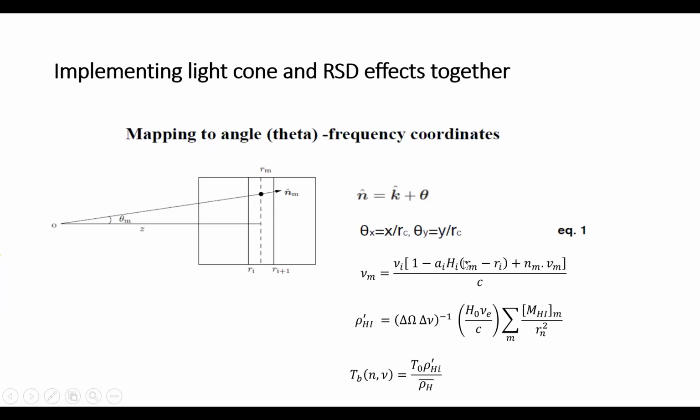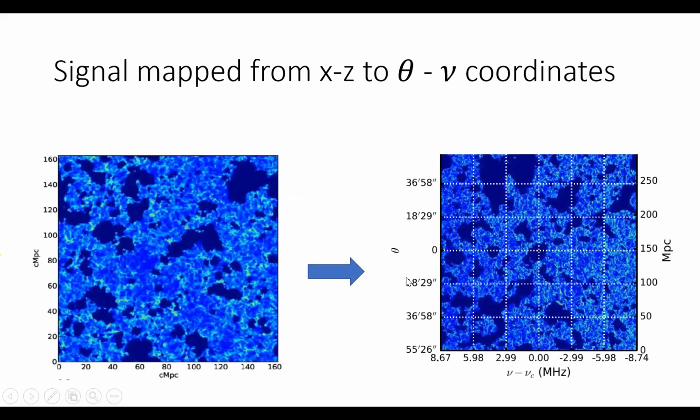So from your comoving coordinates, you go to the angle-frequency coordinates, and there you calculate the density. That density is basically the redshift space density.